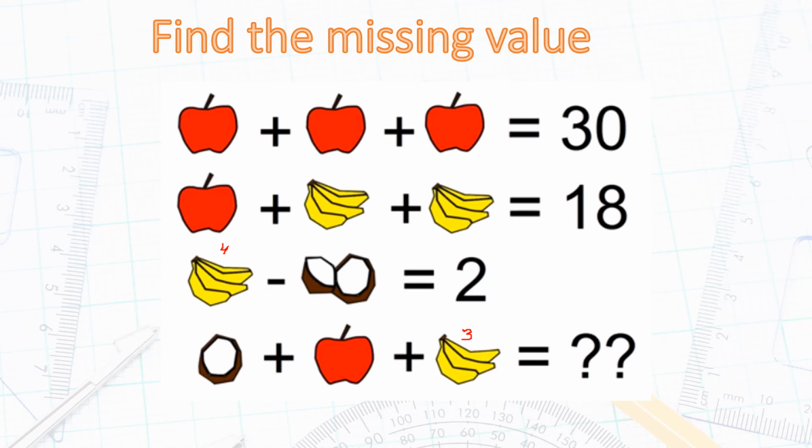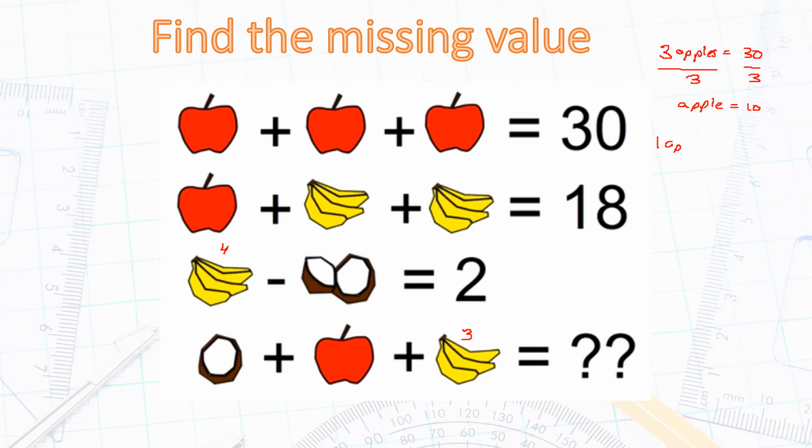Okay, so 3 apples equals 30. 1 apple would be divide both sides by 3. So apple is 10. Apple plus 4 bananas plus 4 bananas, so that would be a total of 8 bananas.